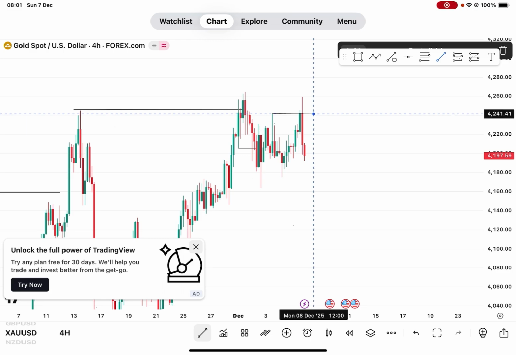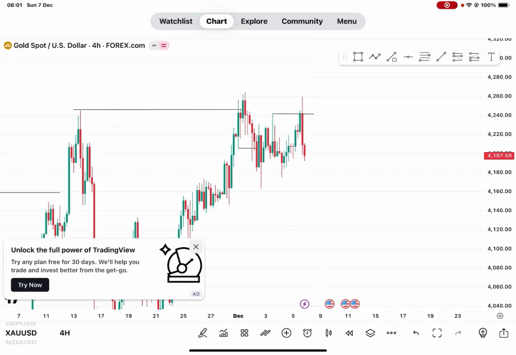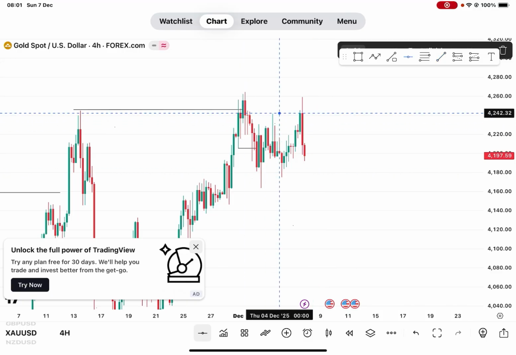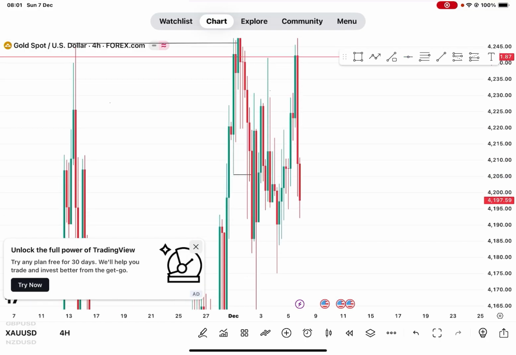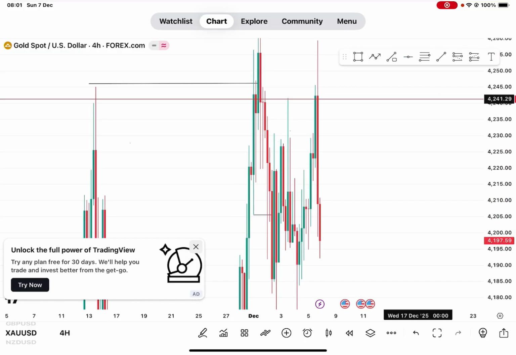If we zoom out properly, we can see that gold has broken the previous high with the body.